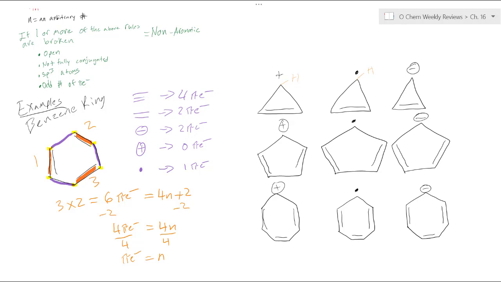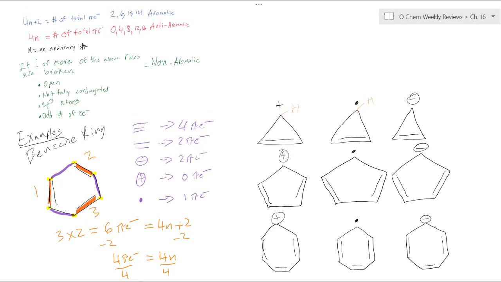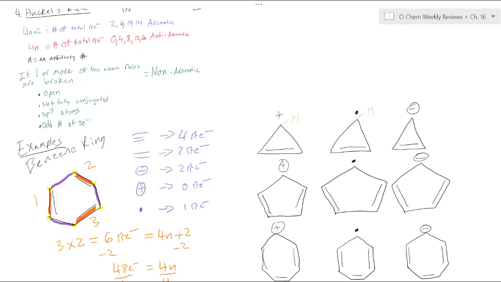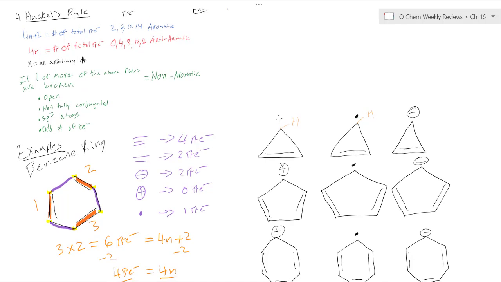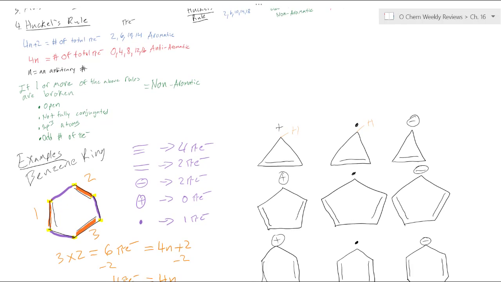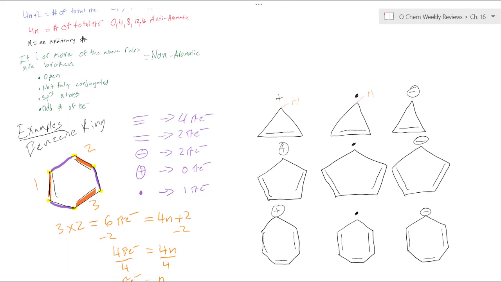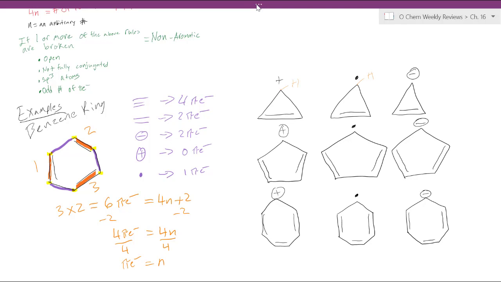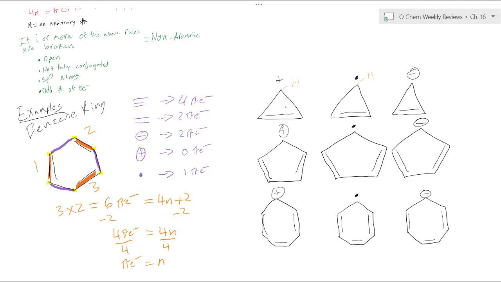Okay, so all there is left to do is identify if it's anti-aromatic or aromatic by counting our pi electrons. In the first one, going left to right, we have cyclopropane.